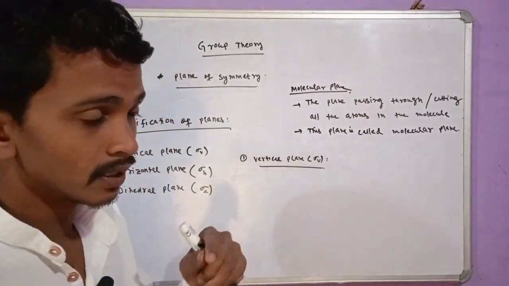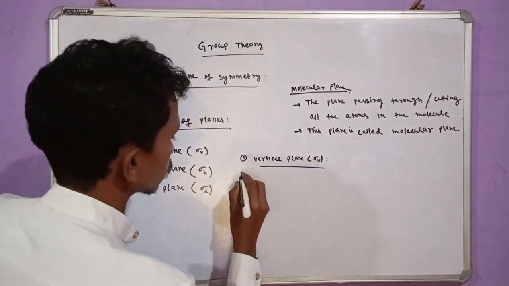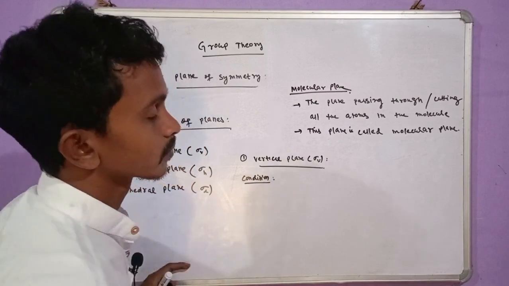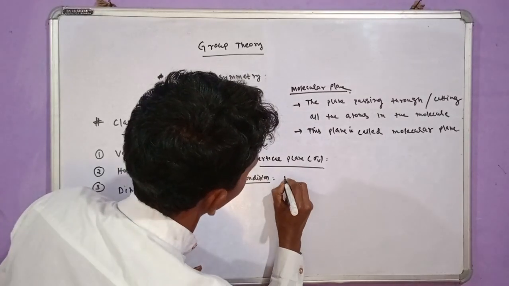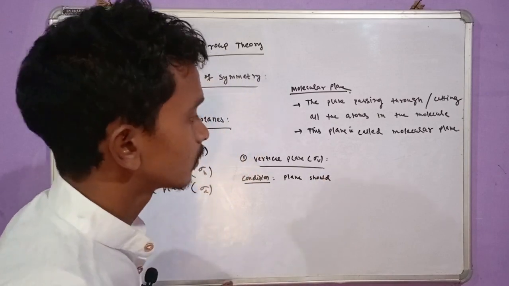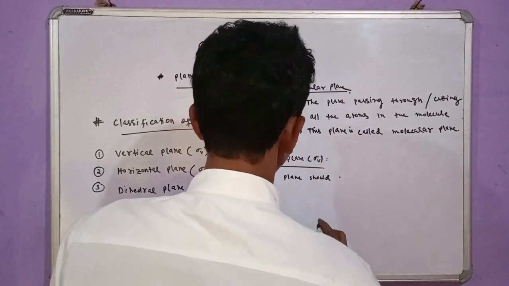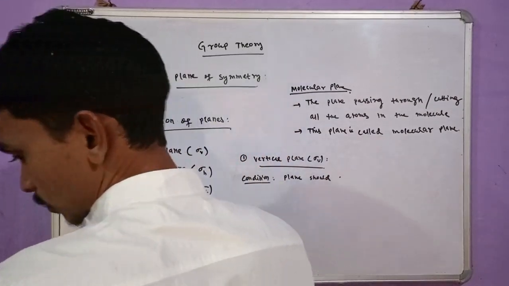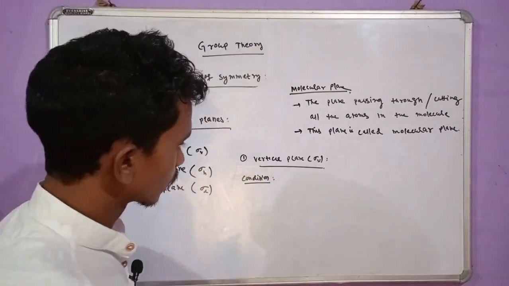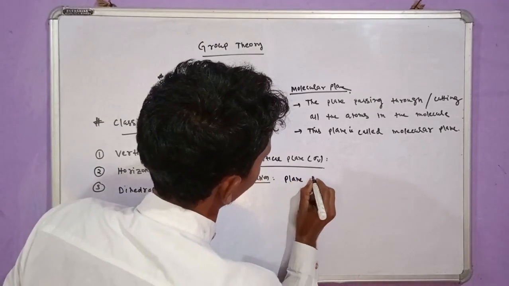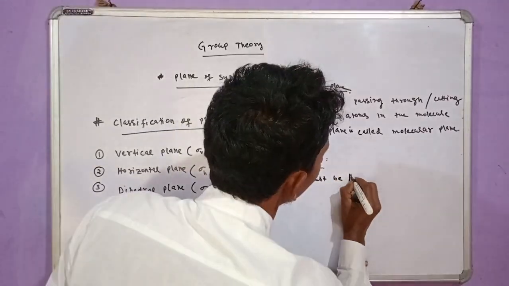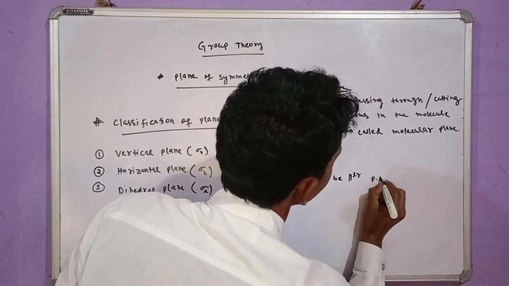So I am writing the condition for the vertical plane: the plane must be parallel to the principal axis.